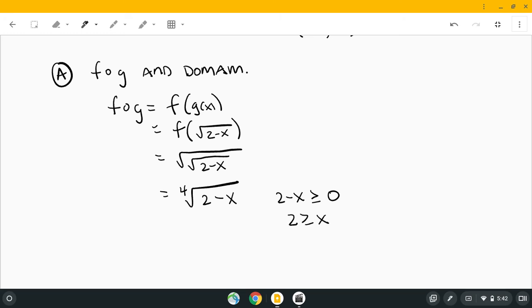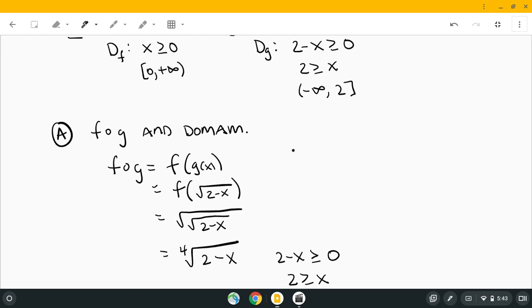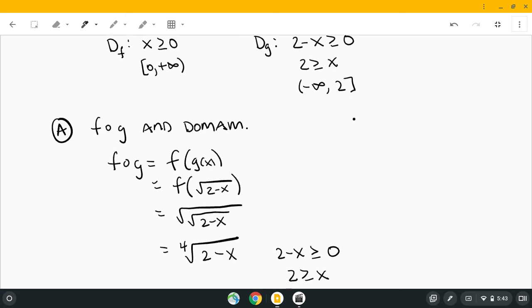All right, so so far this is our current domain of the composition. We did substitute G into this function. So we need to take a look at G's domain as well and exclude anything that G is excluding. So let's take a look. x is less than or equal to 2.